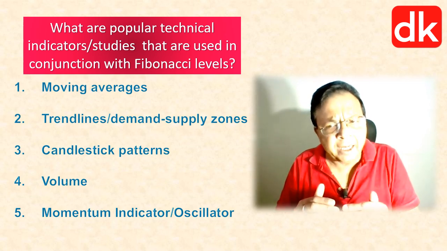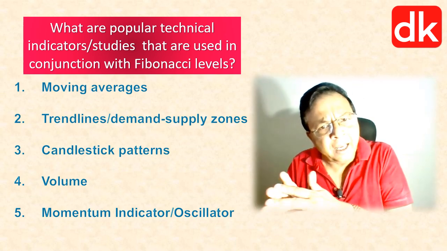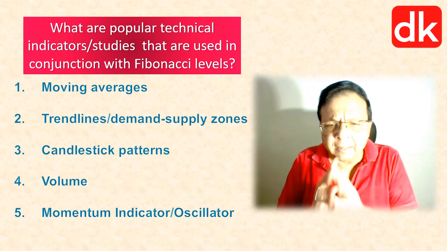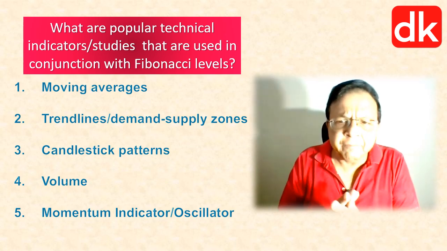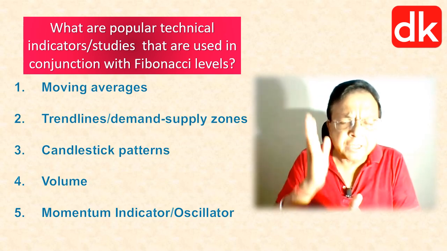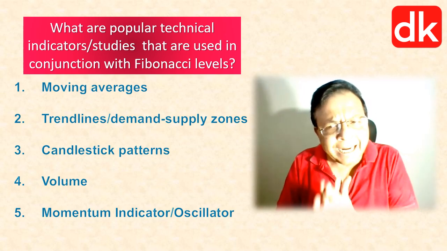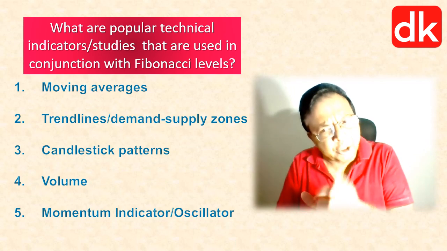Either in a demand area, buying action is likely to happen, and in a supply zone, selling action is likely to happen. And the third confluence is candlestick patterns. When we are dealing with an uptrending market in the markup phase, we look for a candlestick pattern, which we already covered in our tutorial series Zero to Hero.